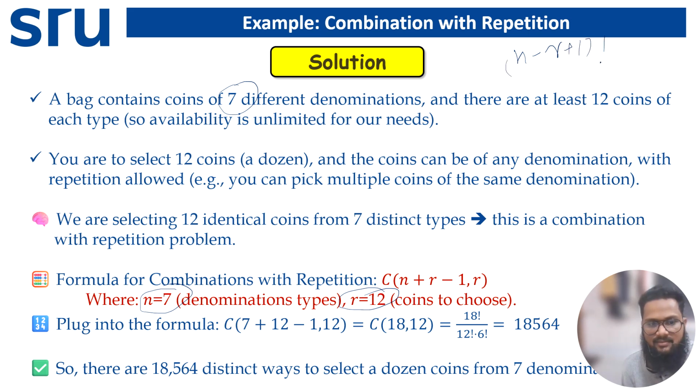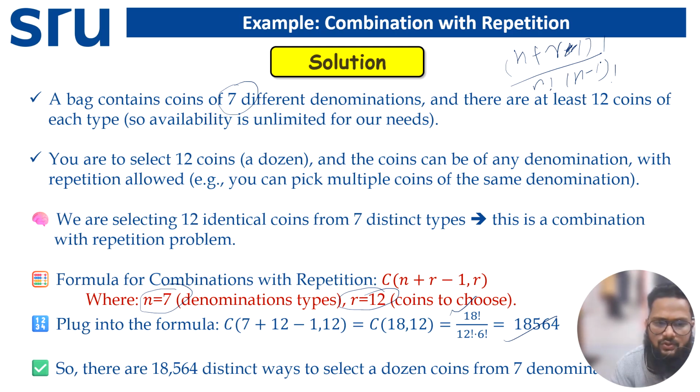So n is 7, 7 plus 12 is 19, and 19 minus 1 is 18. So 18 factorial divided by r factorial, which is 12 factorial, into (n minus 1) factorial, so 7 minus 1 is 6 factorial. So it is 18 factorial divided by 12 factorial into 6 factorial. The answer is this one.